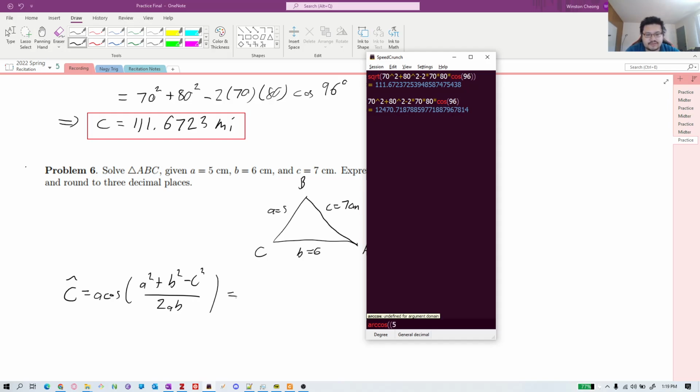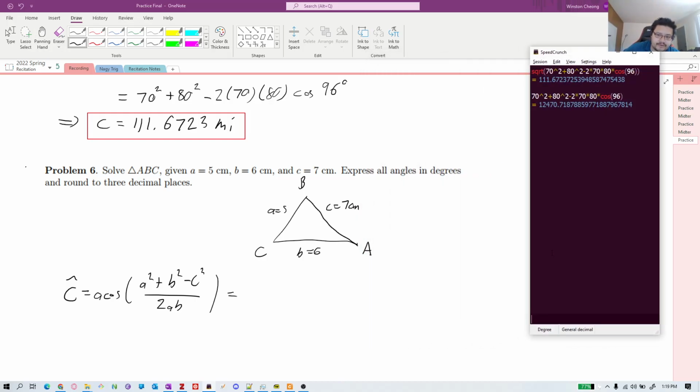So a is 5. This is where knowing how to use a calculator really helps, because I can actually set variables. B equals 6 and C equals 7. For scientific calculators, usually they have this functionality. Definitely the TI-84 has the functionality to store values into variables and then use those variables.